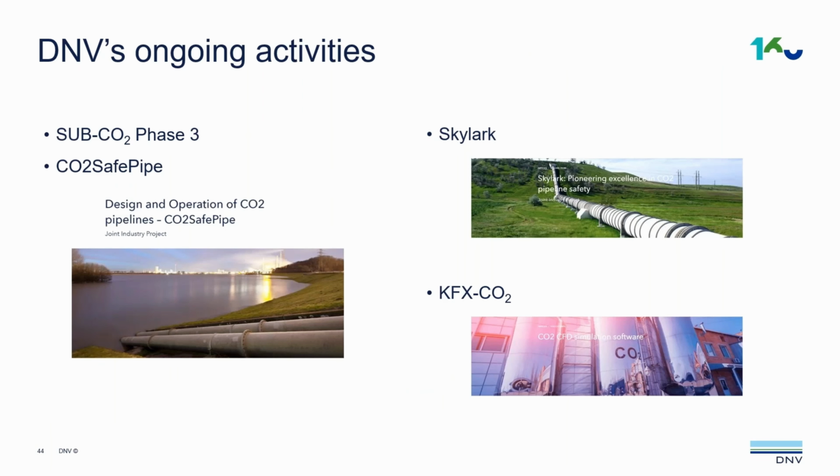These are some of the projects that DNV is currently involved in together with partners. The sub-CO2 GIP that I've mentioned previously, that is currently undergoing phase 3, looking at CO2 subsea release 40 meters deep.